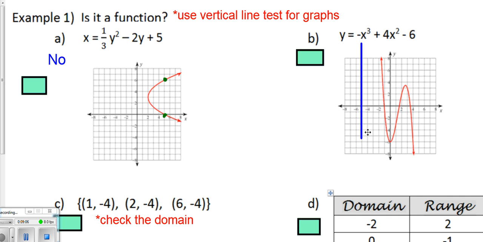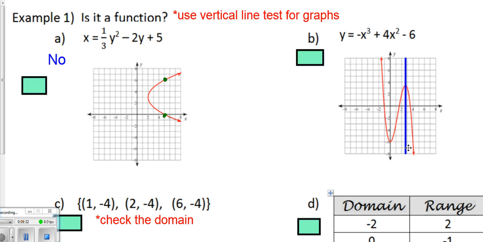If that's the graph or the visualization of our equation, our general rule, let's again slide our vertical line. Now right here, it's touching 1 point, and it kind of looks like we might be touching a lot, but that's because we have a pretty thick line. Technically, each of these spots is only touching 1 point. My vertical line is never touching more than 1 point.